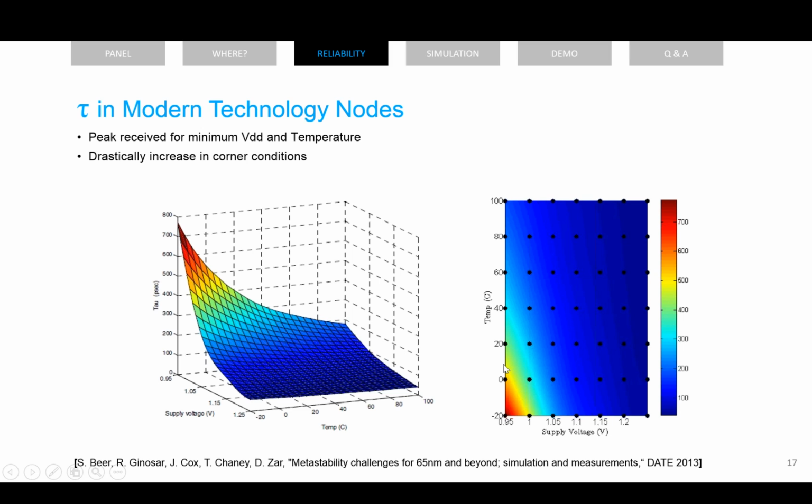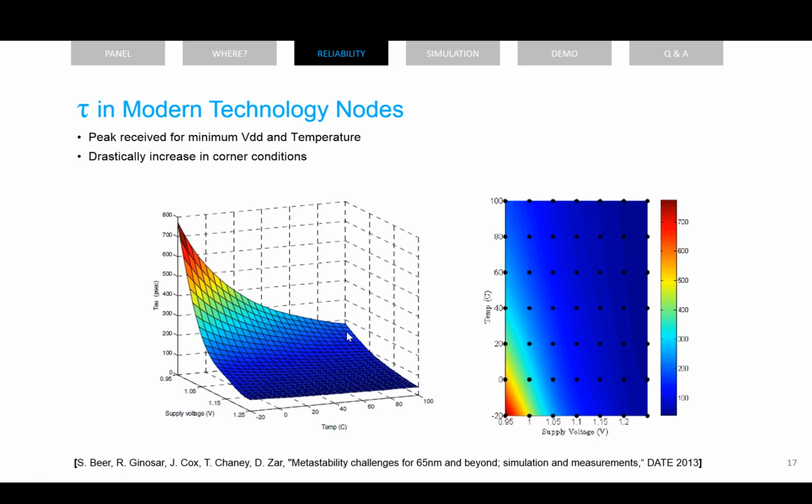A second important thing to take into account is the supply voltage and temperature, for which we are showing you here some actual simulations of a real circuit, a real synchronizer, where you can see the huge difference between nominal conditions, which will end up at some point here in the middle for the supply voltage and temperature, while when reducing the supply voltage or decreasing temperature, the resolution time constant goes to very high values.